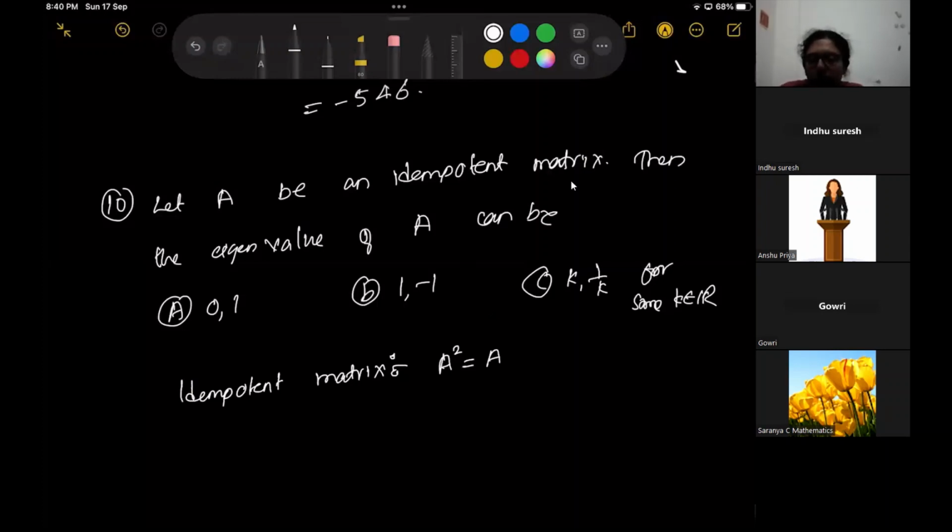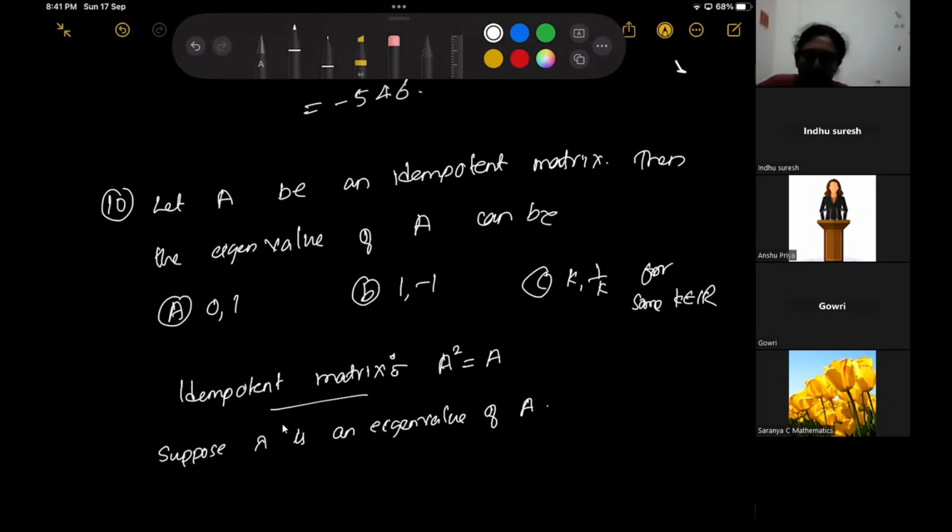So we need to check what are all the possibilities for the eigenvalues of A. Suppose lambda is an eigenvalue. We need to find what are all possible eigenvalues. Here we are assuming some lambda is an eigenvalue, and we need to find the value of lambda.